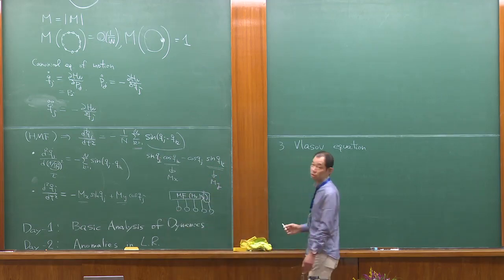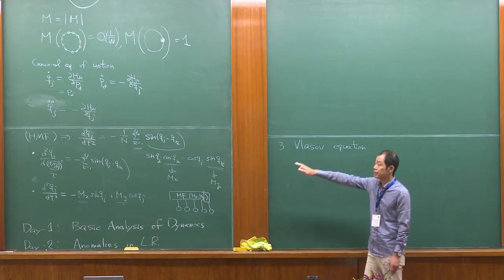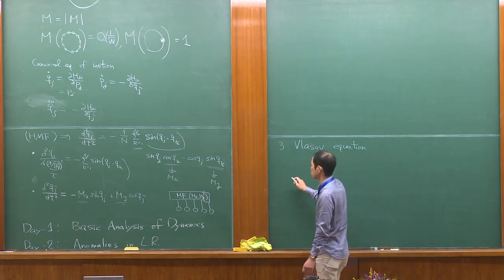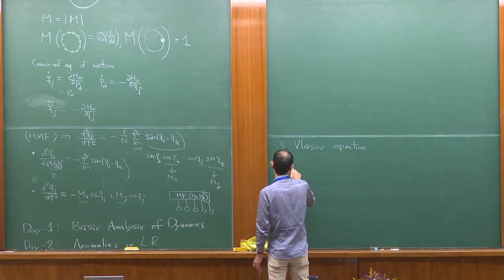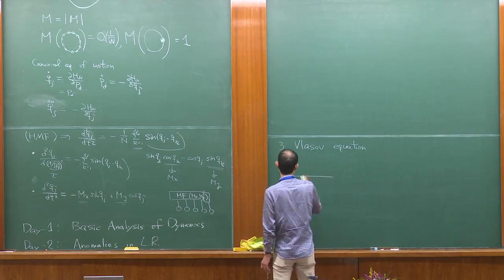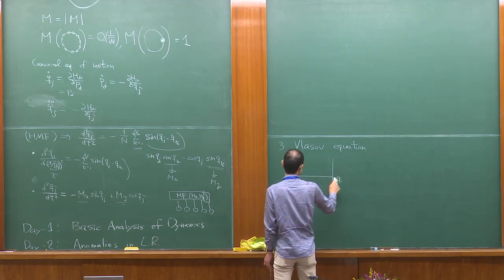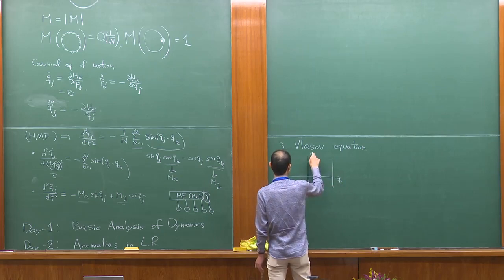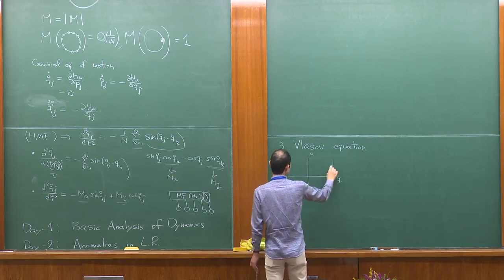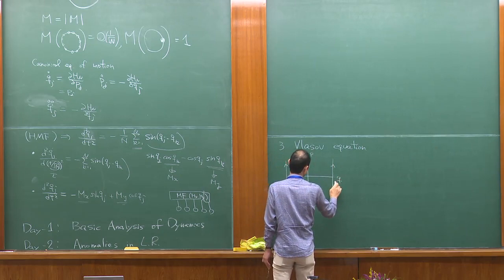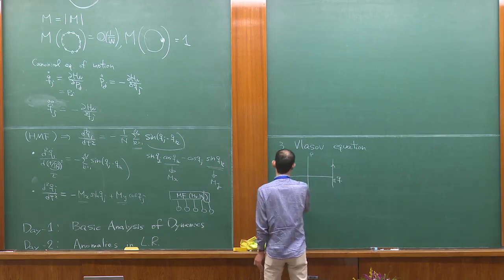So how can we analyze this system? The strategy is like this. We write down the q-axis here and the p-axis here, and the q-axis is periodic, between pi and minus pi.